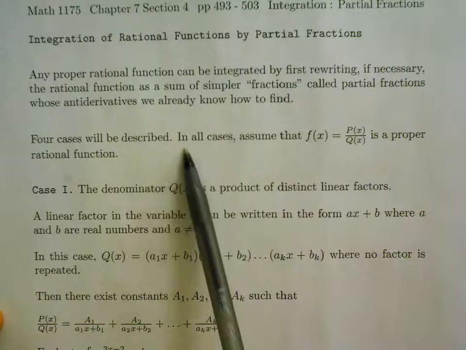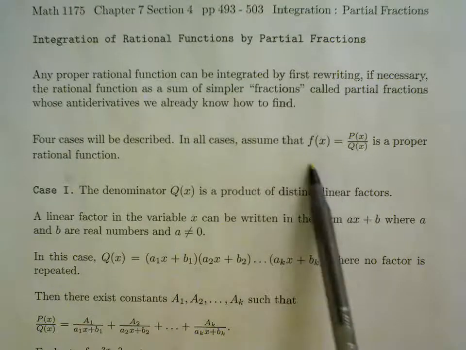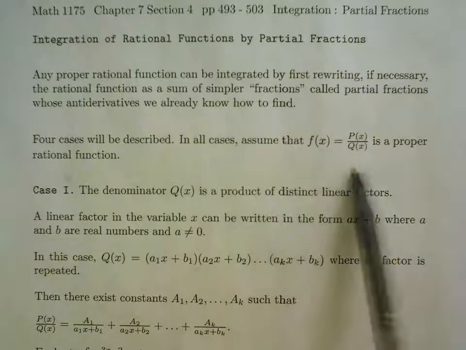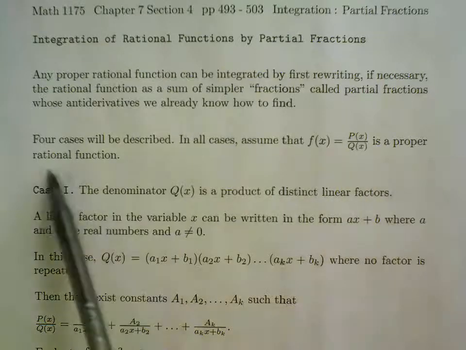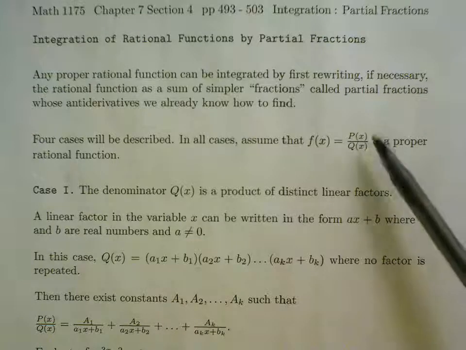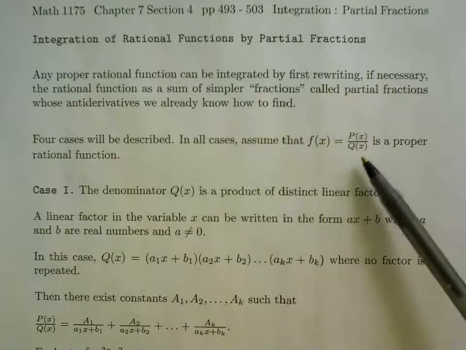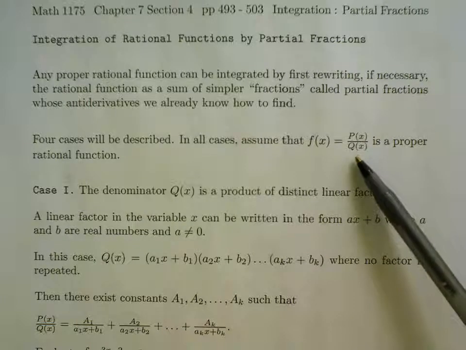In all cases, we're going to assume that the rational function p of x over q of x is a proper rational function. So in other words, the degree of the p of x in the numerator will be less than the degree of q of x in the denominator.